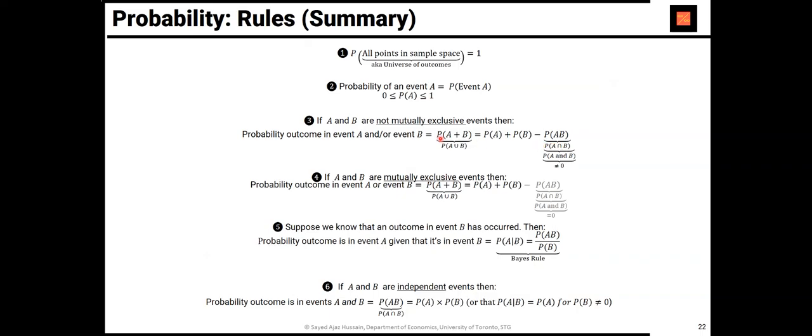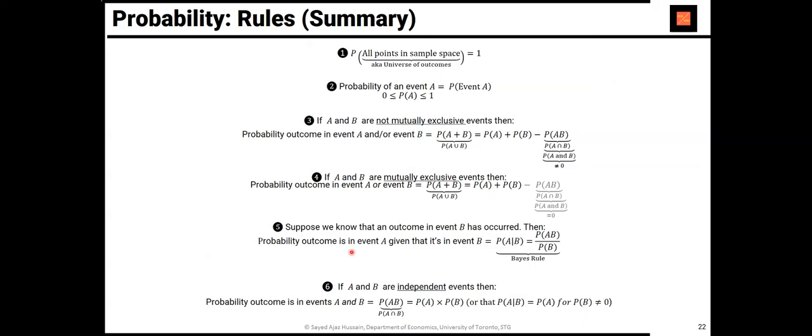So this is chance of A and or B. This is chance of A and B. And I'm going to assume that since they're not mutually exclusive, this probability of A and B is not 0. If they are mutually exclusive, you will find out the chance of A and or B by, of course, simply summing up the chance of A plus chance of B, because this number here is equal to 0.